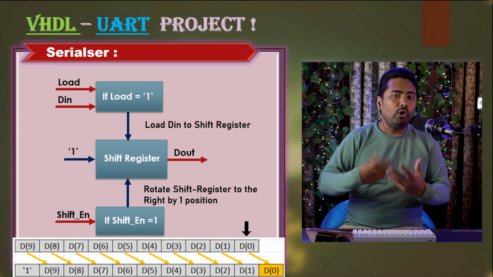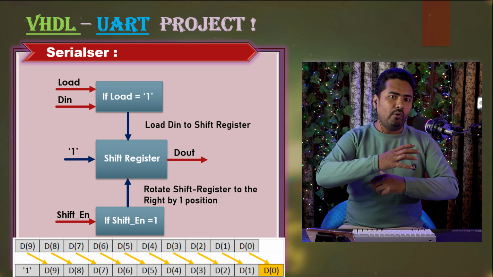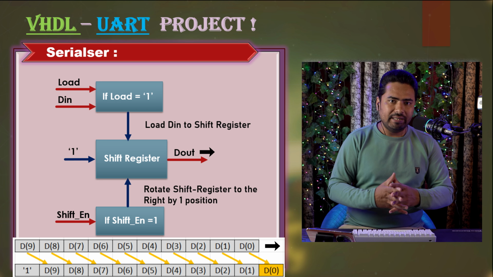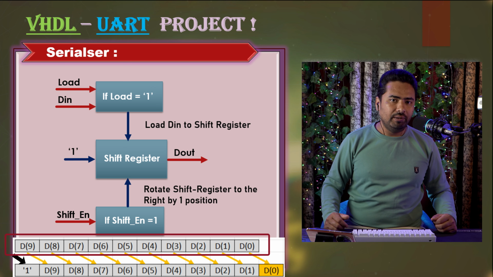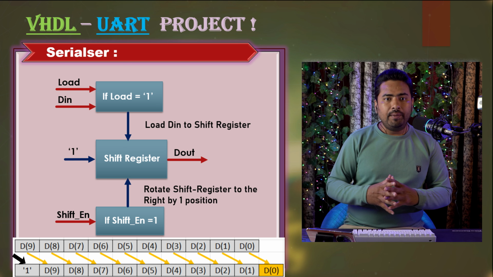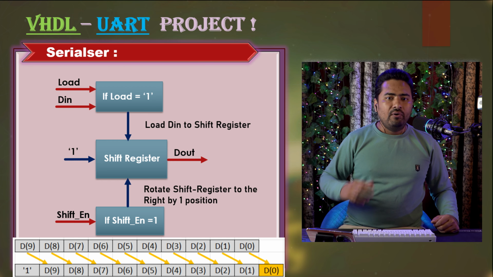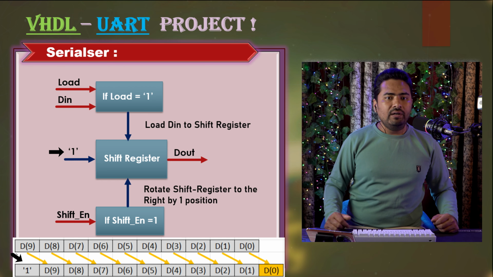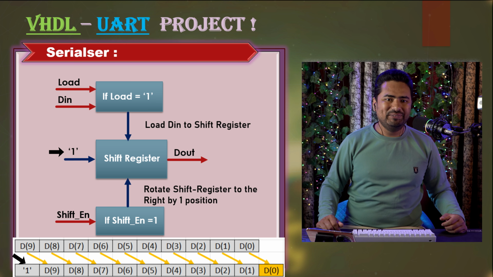Meaning now our module will be in the idle state. Because when all the data bits get transmitted, all of these bits will be replaced by logical 1, as we are inserting this value every time the LSB is shifting out. So remember this, we need to insert logical 1 when we are using the RS-232 protocol like this.